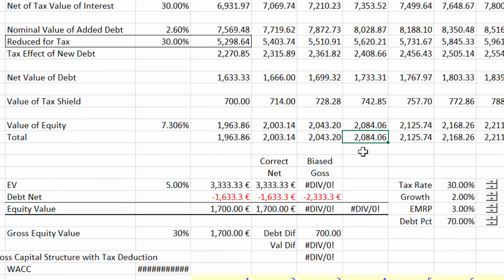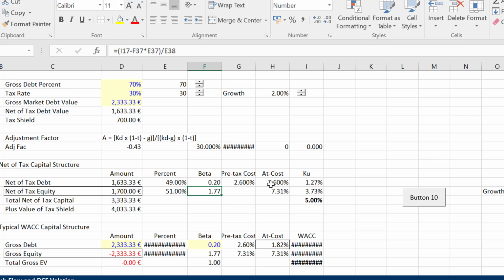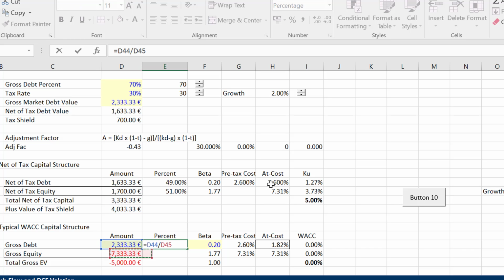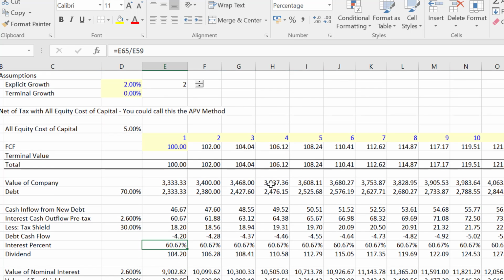Now you can't undo this. You can't get rid of it. It's a disaster. The only thing I know is I think I can re-put in the capital structure. Okay.